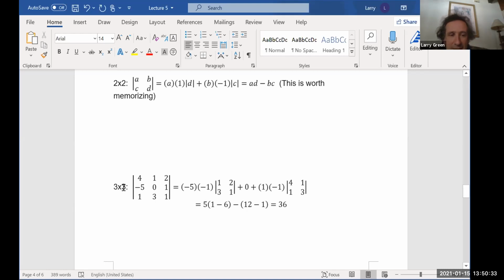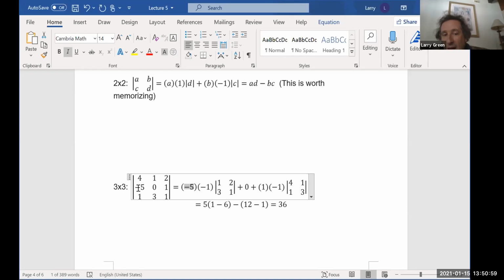So now I'm going to take the second row and I'm going to expand the determinant by the second row. Do you see that? So I take -5, I write it down over here. And then I say, well, -5 is second row, first column. Got it? 2 plus 1 is 3.